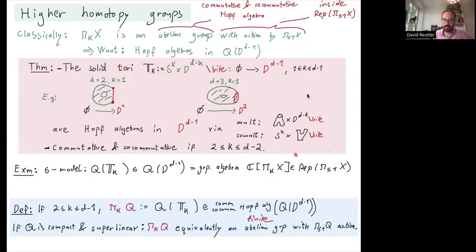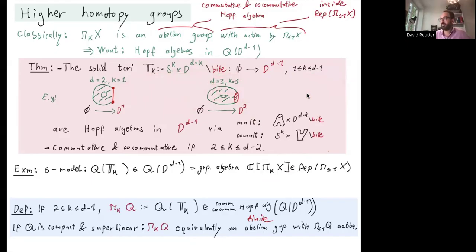That's the first answer, that you can lift these spheres to d-dimensional objects in the bordism category. And you can even lift the sphere as a pointed object to this minus a bite. And all the structure on the sphere that gives rise to the fact that maps out of it are groups already lifts to the structure here. So that's one answer to your question. This is where you see the spheres.